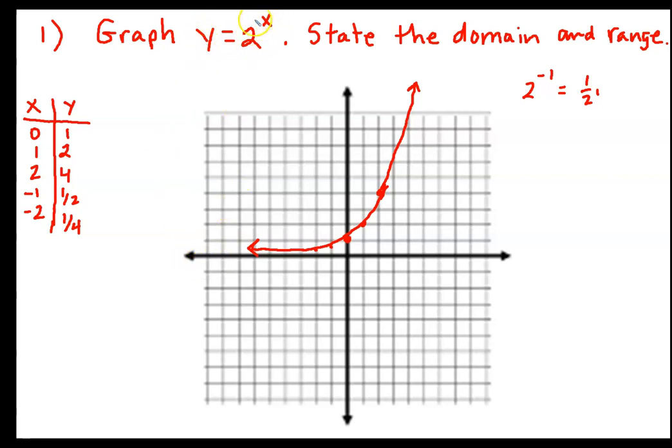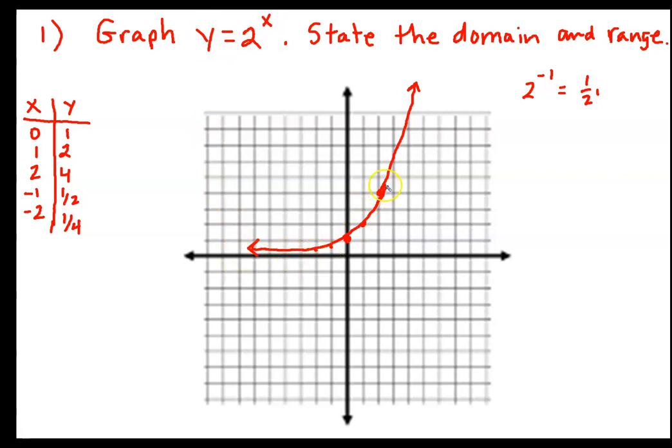Well, there is no number that I could put in for x to turn this y into 0. It's not possible. So I will get very close. If I let x be -1 million, I'm going to be really, really close, but 2 to the -1 million isn't 0, so I'm not actually going to be on the x-axis.